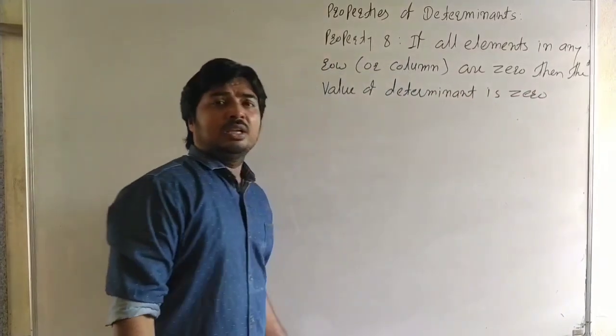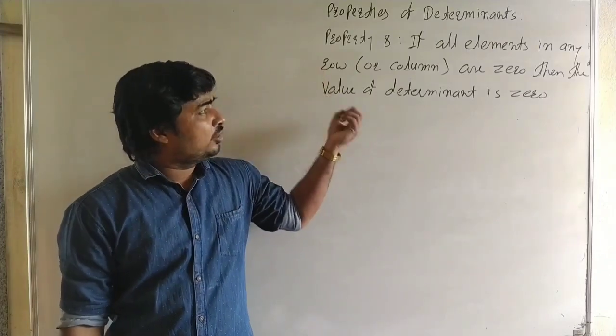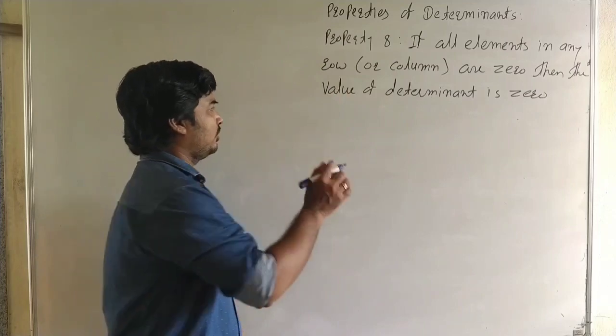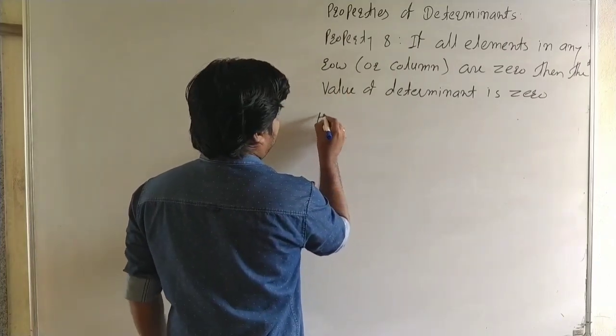Okay. Here, if all elements in any row or any column are 0, then the value of the determinant is 0. See one example here.